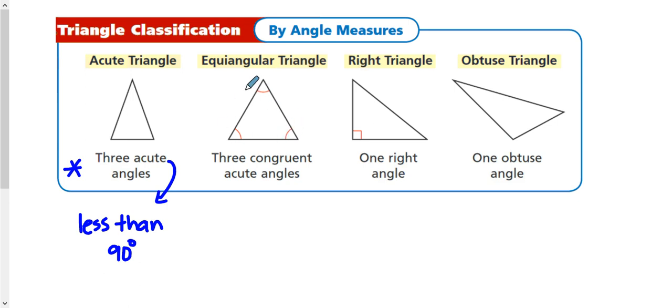So if we do a little simple math problem here, if we know that all 3 add up to 180, but they're all congruent, or all equal to each other, then if you do 180 divided into 3 equal angles, that means each angle is 60 degrees. So that's just a little extra info there for you, and that is true about every equiangular triangle.